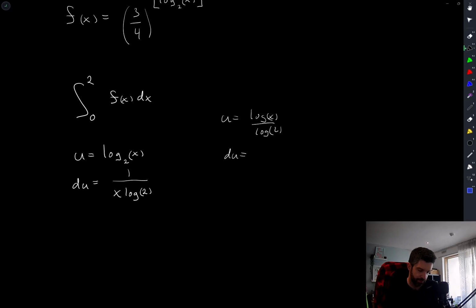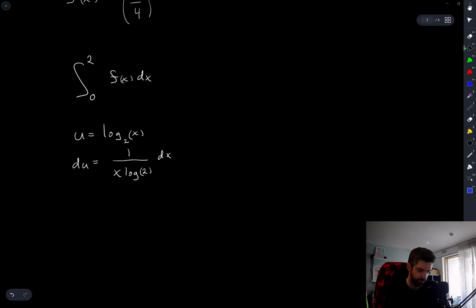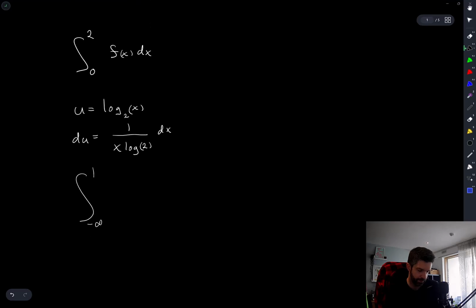So du is equal, and I'm missing a dx, 1 over log 2, 1 over x dx. Okay. Then the integral becomes: when x is 0, u is -infinity. When x is 2, u is equal to 1. And I have then 3/4 to the floor of u du.